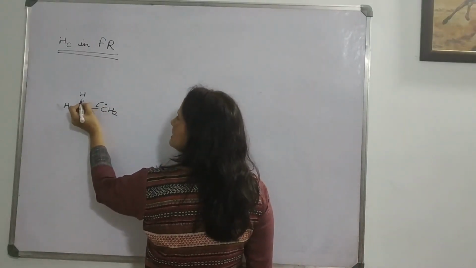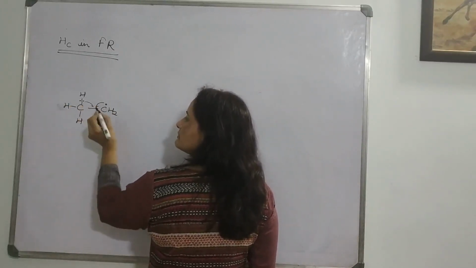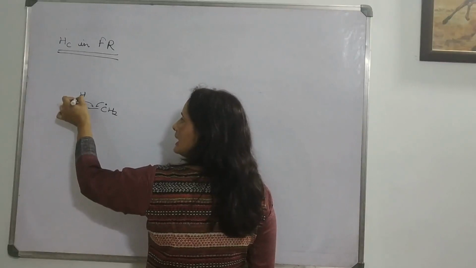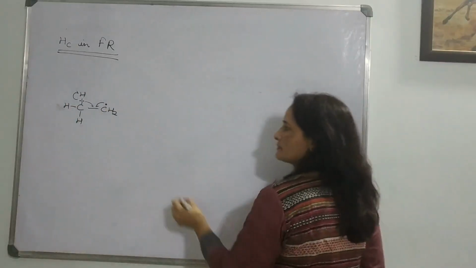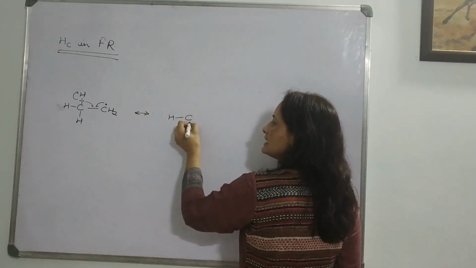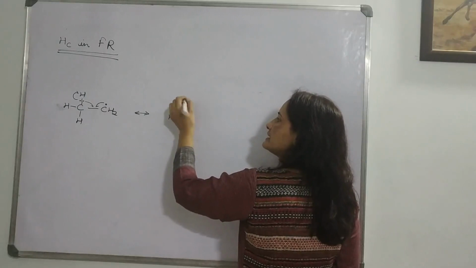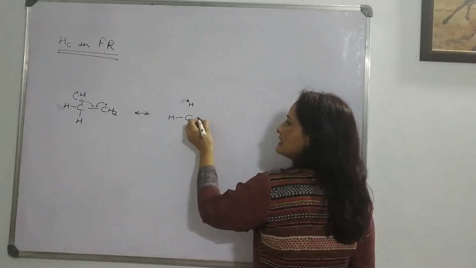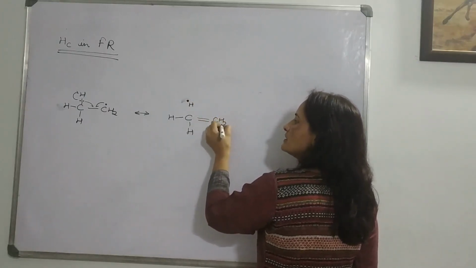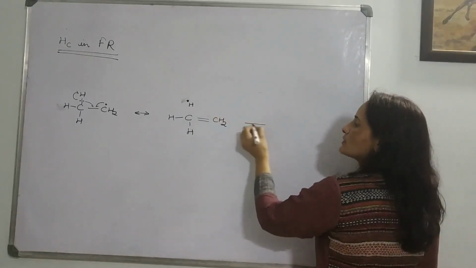There are 2 electrons in this bond. Out of that, one will be given to this side to form the bond and one will be transferred to the carbon. So what will be your next hyperconjugative structure in the free radical? The hydrogen, instead of carrying positive or negative charge, will carry a free radical, and this will be your CH2.